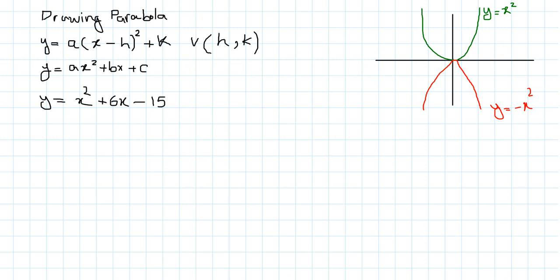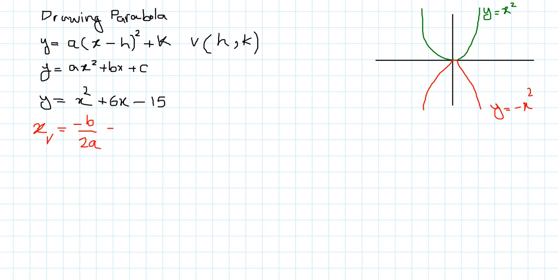Okay, in this situation you can easily find the vertex point and draw it. How? By this formula. The x of the vertex equals minus b over 2a.